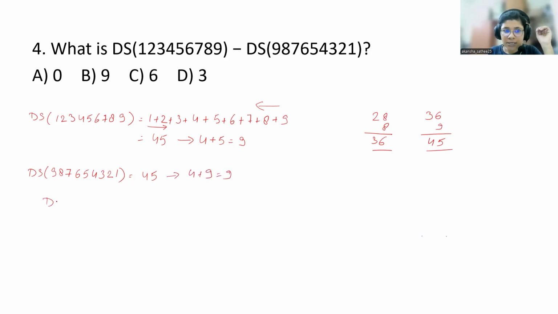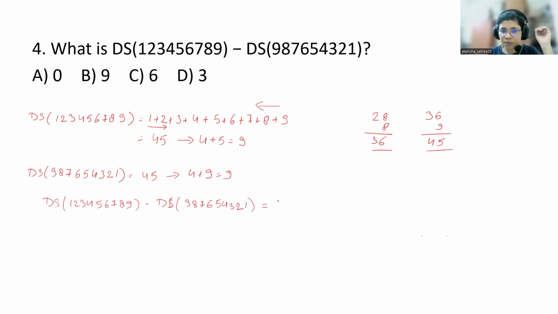So what would be the digit sum of 1, 2, 3, 4, 5, 6, 7, 8, 9 minus the digit sum of 9, 8, 7, 6, 5, 4, 3, 2, 1?